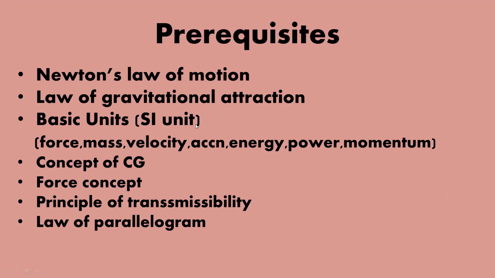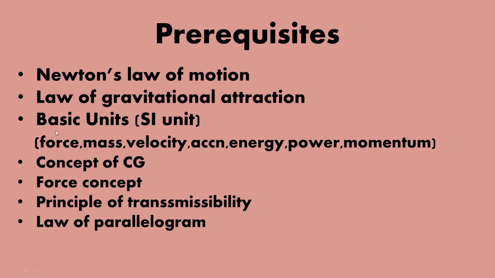Now we will see the prerequisites for engineering mechanics. When we study engineering mechanics, you must know some basic concepts from physics or mathematics. First is Newton's laws of motion. Second is gravitation, that is the law of gravitational attraction.